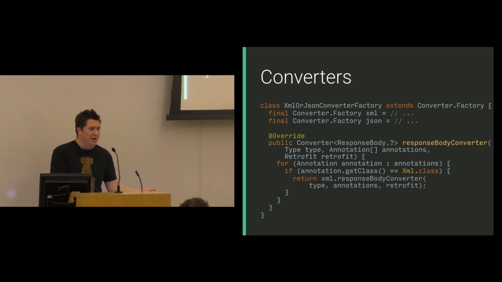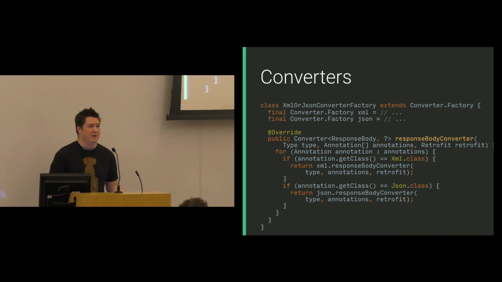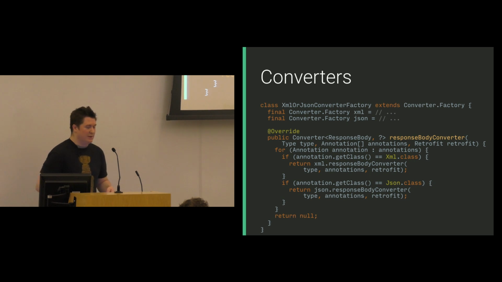And then we just delegate to the XML converter. So our converter is assuming the responsibility of figuring out which one to delegate to, but then just the normal XML behavior takes over, or we can add one for the JSON, and then at the end we have to return null in case we see neither of them.